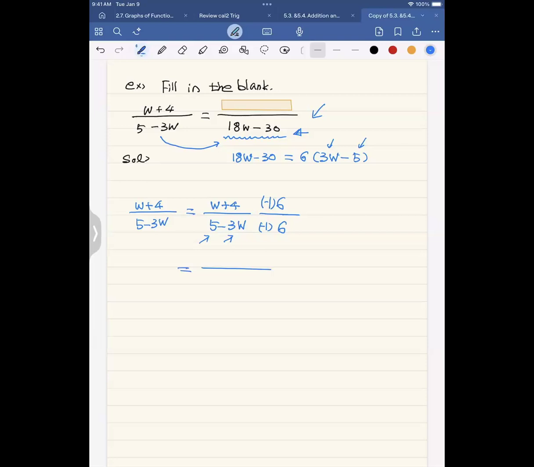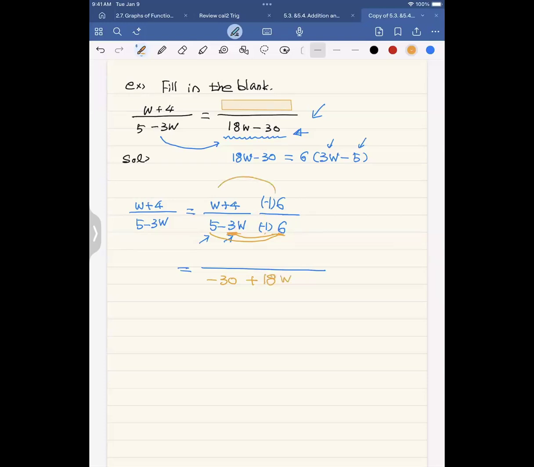Then what do I get? -6 times 5 will be -30, and negative will be positive, plus 6 times 3 will make 18w.